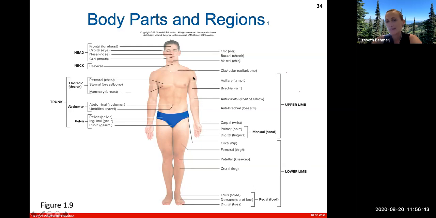So you have an axillary artery and it's in the axillary region of the body. You'll have cervical arteries in the neck region. You have pectoralis major and pectoralis minor muscles in your chest. You have inguinal ligaments and inguinal canals in your groin area. Digits, palmar, carpal bones are the bones in your wrist.